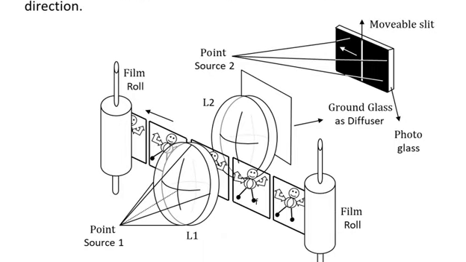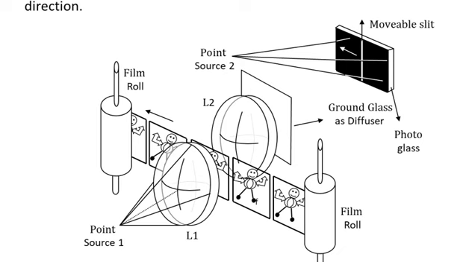You can see this is point source 1, illuminating the lens L1 with a spherically diverging wavefront, and the lens L1 will generate plane waves which will illuminate the object transparencies, and after the object transparencies the light will be received by the lens L2.